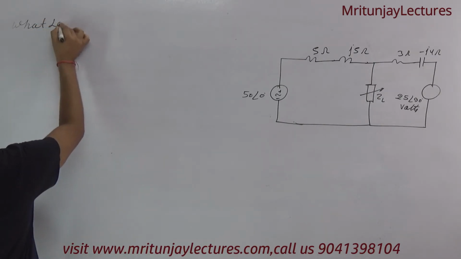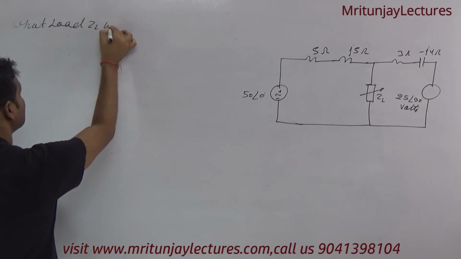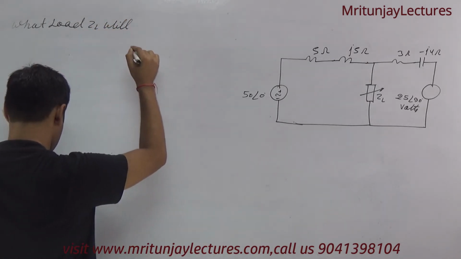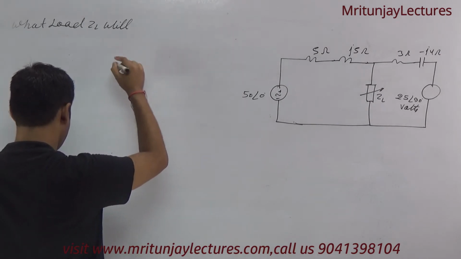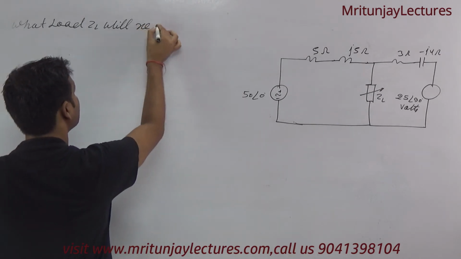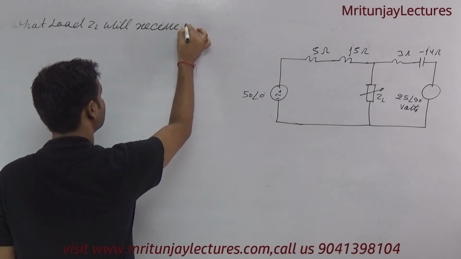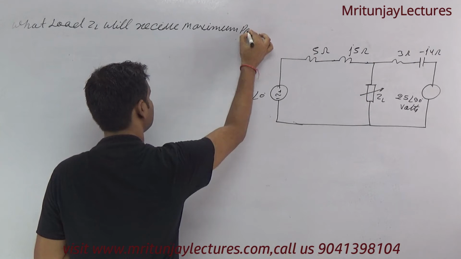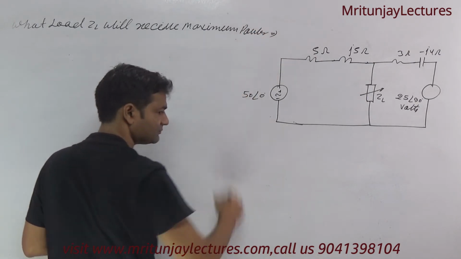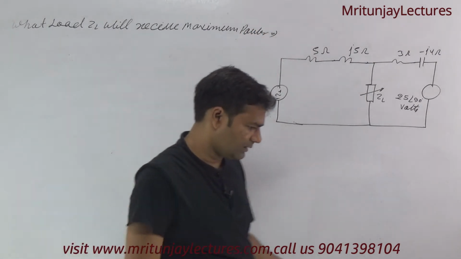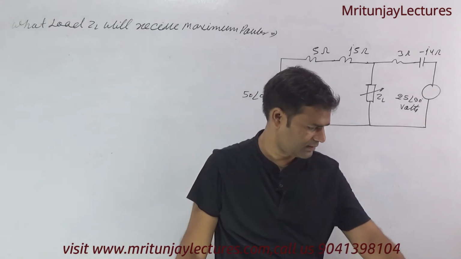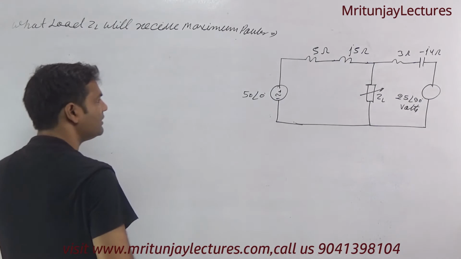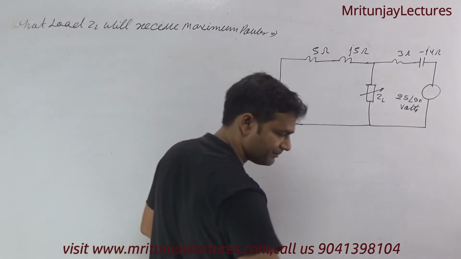What load ZL will receive maximum power? How can we do it? I know that first of all our motto, what about ZL?